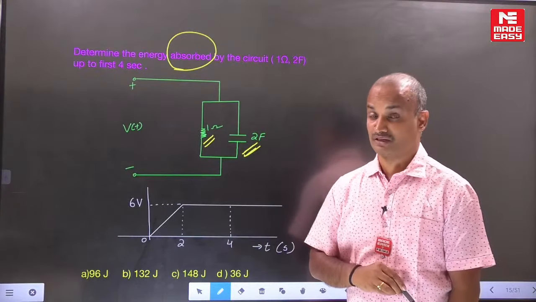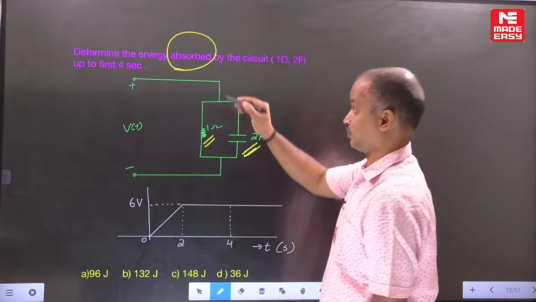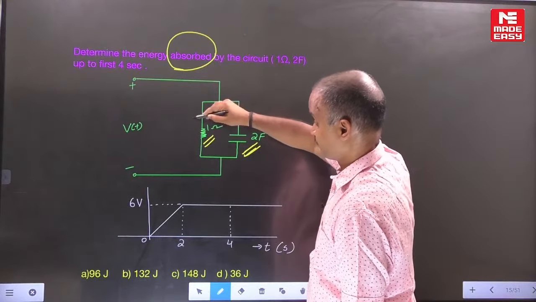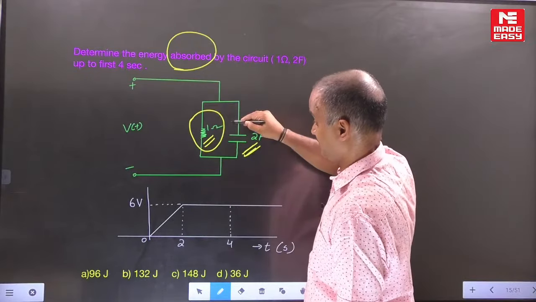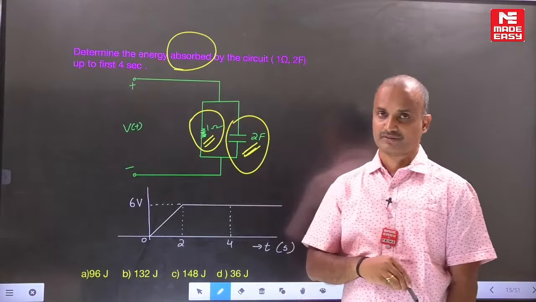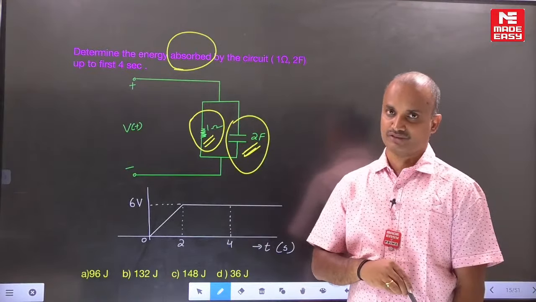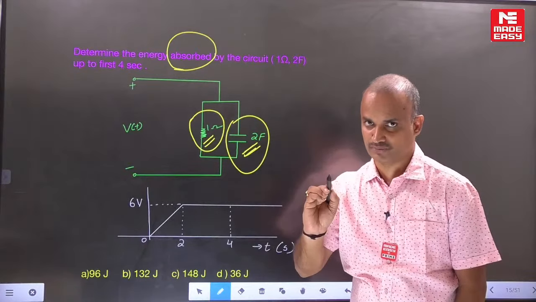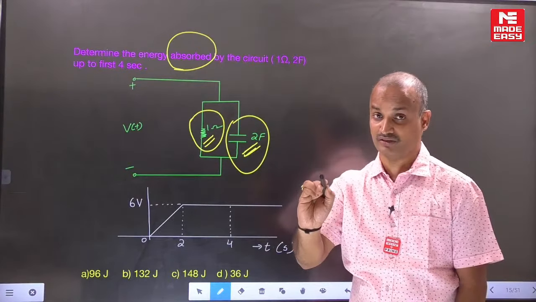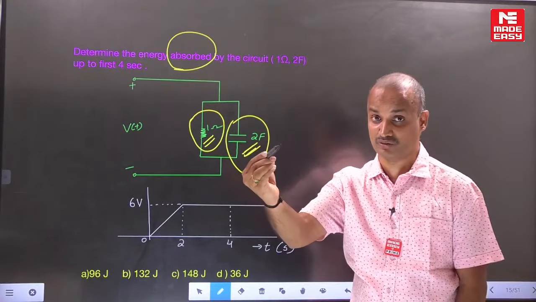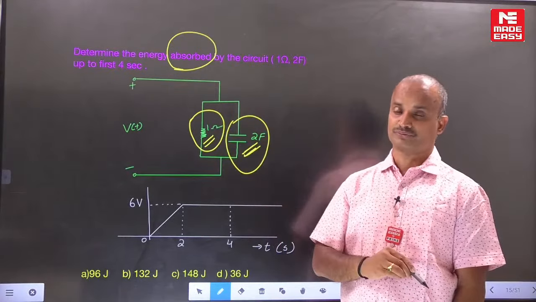But in this particular example, the total energy absorbed means we should include the heat energy as well as the energy of the capacitor. Both energies should be included. For this type of question, read the question carefully. Whether energy stored or total energy absorbed by the circuit.